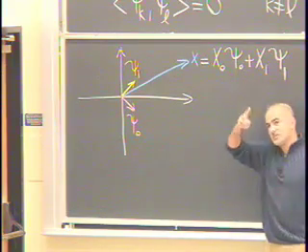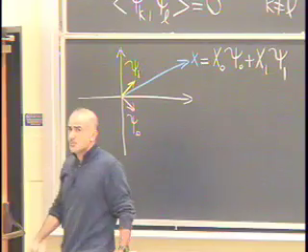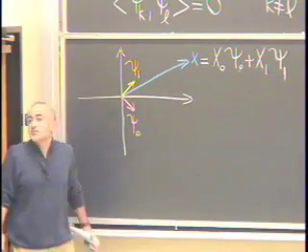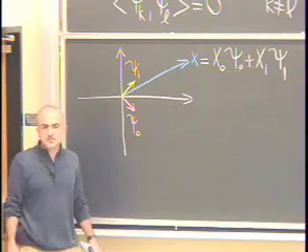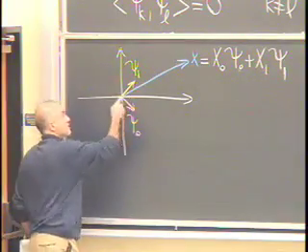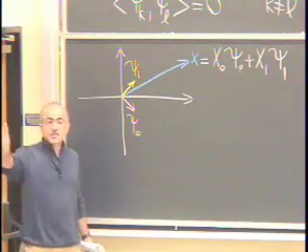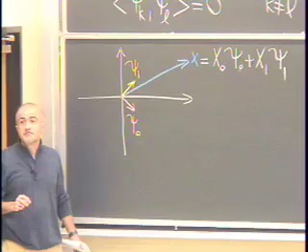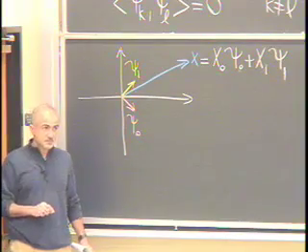There are actually a couple of issues here. One is, do I have enough of these CKs? How many do I need if I'm living in two-dimensional space? 2. I need 2 of these that are orthogonal to each other. So I know my set, as far as this picture is concerned, requires only 2 of these vectors.